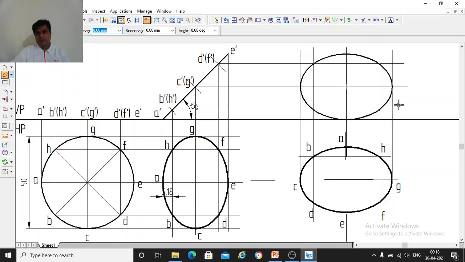So you join all the points with a smooth curve, you will get one more ellipse here. So this is the front view and this is the top view. And all these points again you have to write here. So this point is A here, so this is A dash.